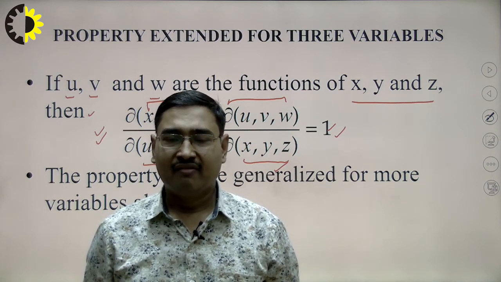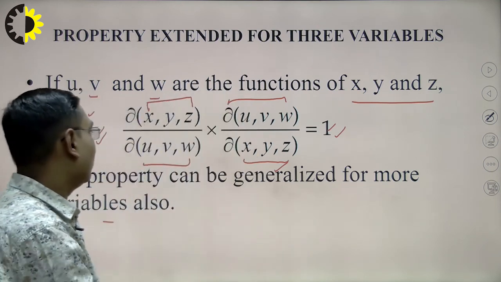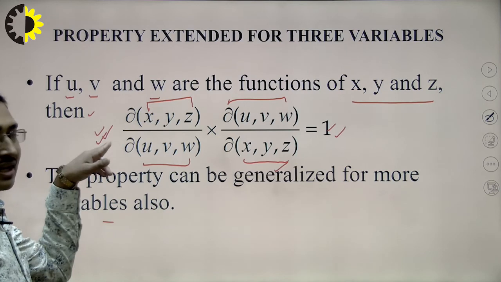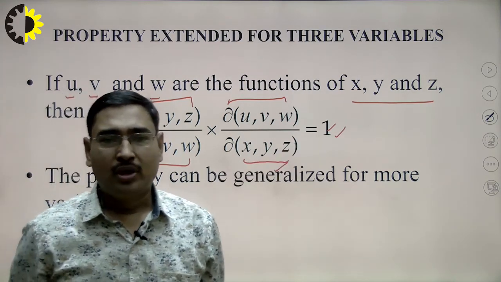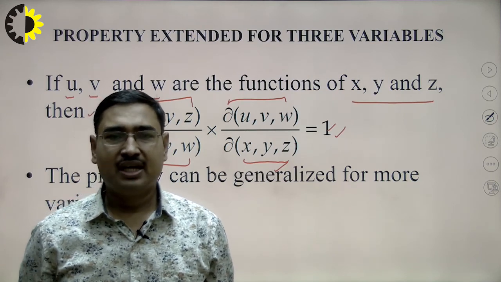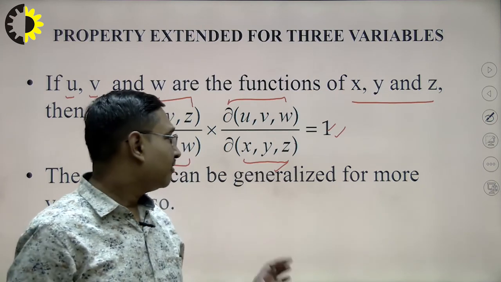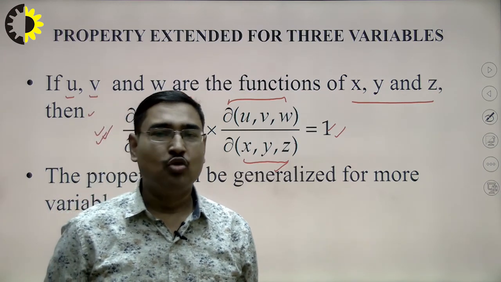We have seen one property, and the property says that if I calculate one Jacobian del x y z over del u v w and then this Jacobian, then the product of these Jacobians will always be 1. We have also seen an example of such type of property in case of 2 independent variables and 2 functions.